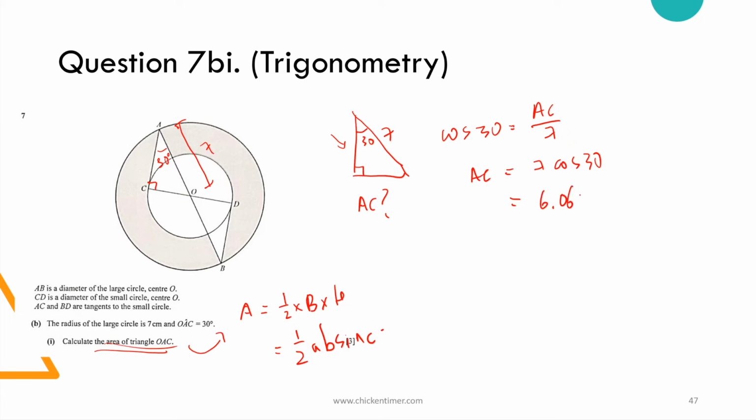So AC is 6.06. Then the area of OAC is half times 6.06 times 7 times sine 30, which is 10.6.